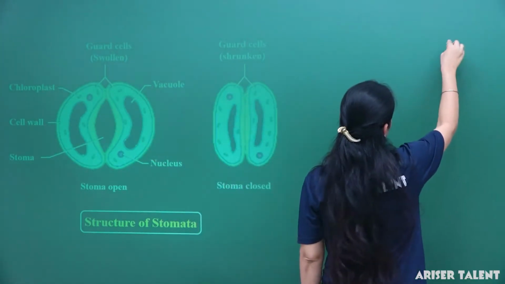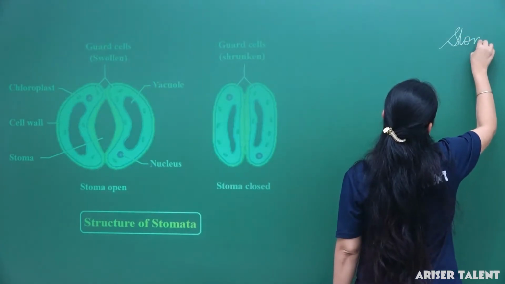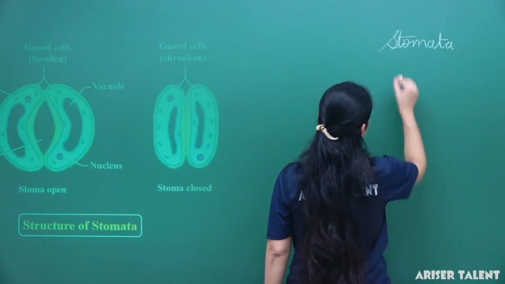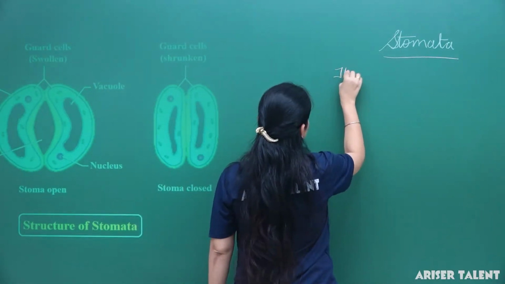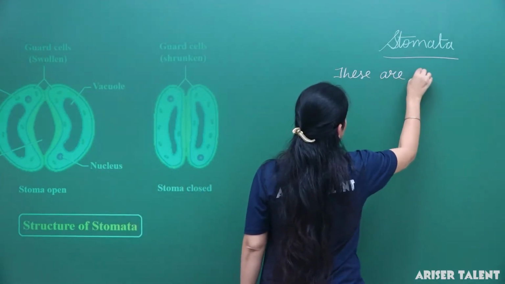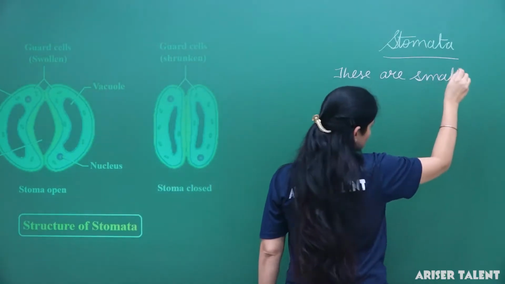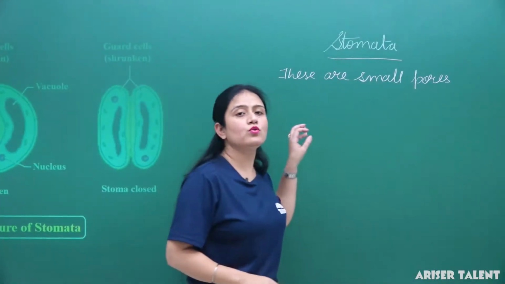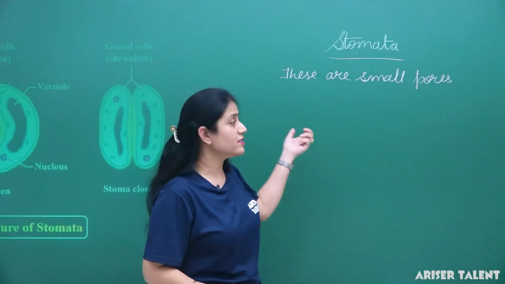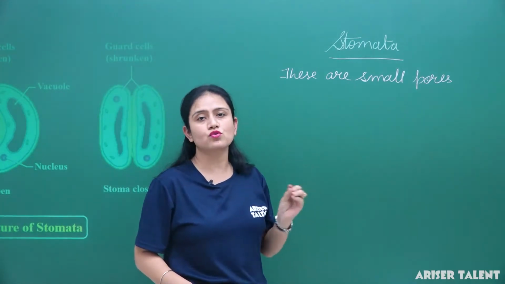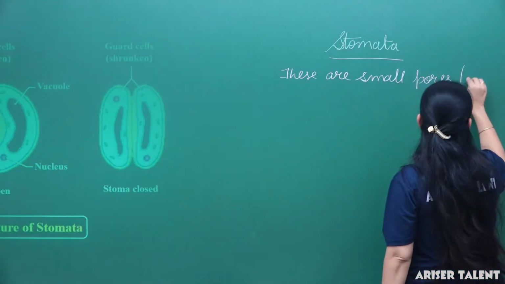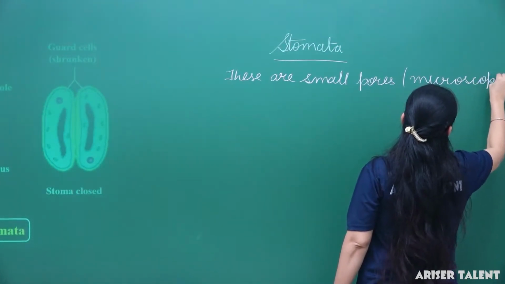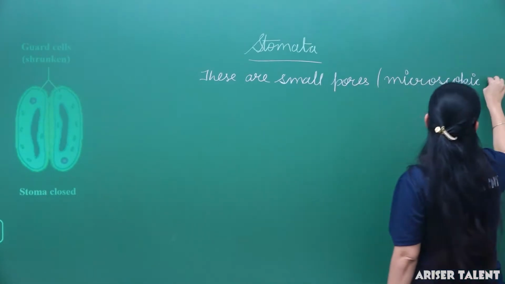Now let me define stomata. What are stomata? These are small pores. Why are they small? They are so small that we cannot see them. This is the reason they are known as microscopic pores.